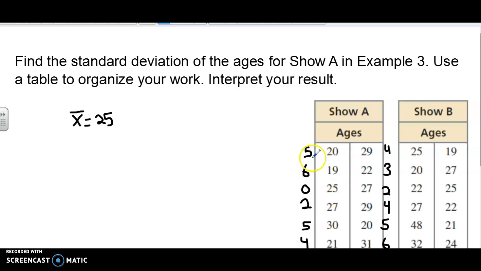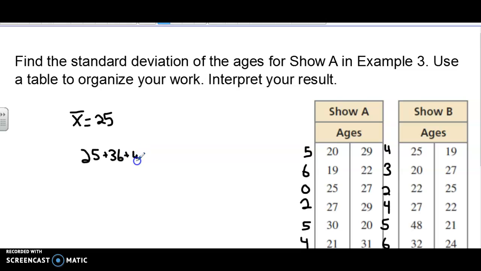Now we're going to square each one of these and add them together. 5 squared is 25, plus 6 squared is 36. 0 squared is 0, so I'm not going to write that.